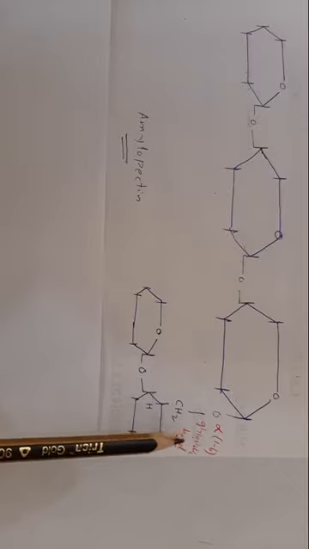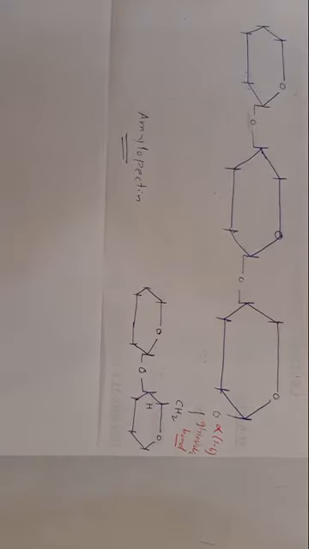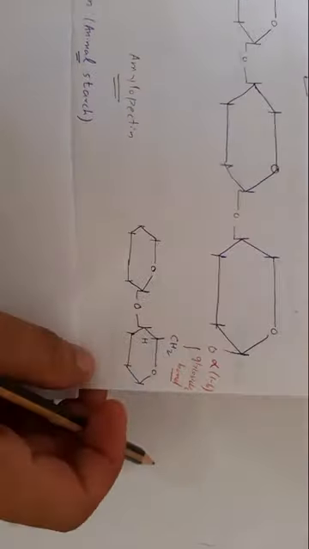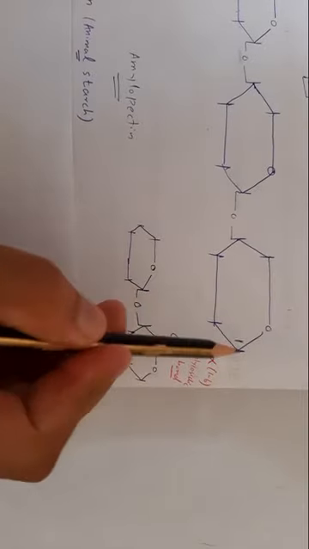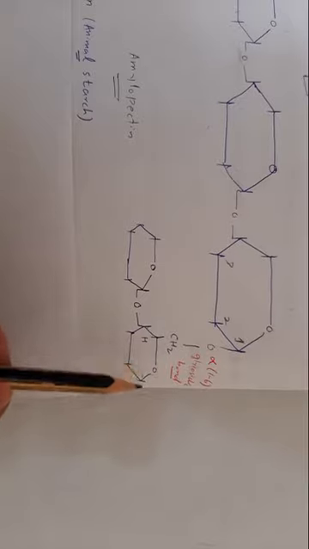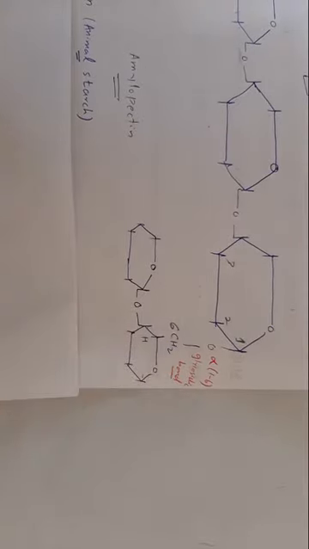It is an alpha 1,6 glycosidic bond, because the bond is formed between carbon number 1 and carbon number 6 of 2 glucose units. This one is carbon number 1, this is 2, 3, and this one is 6. So it is an alpha 1,6 glycosidic bond.